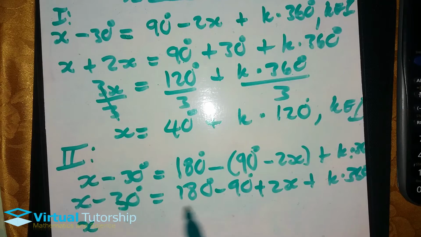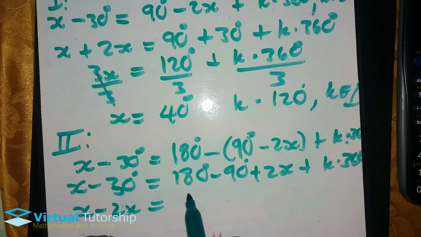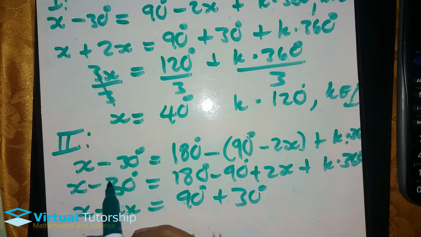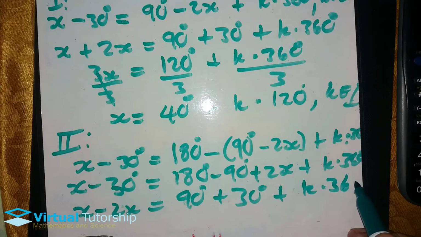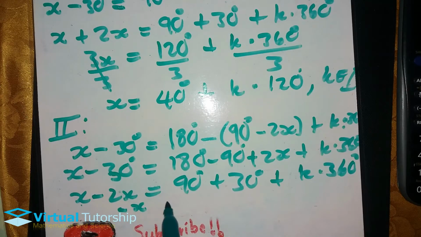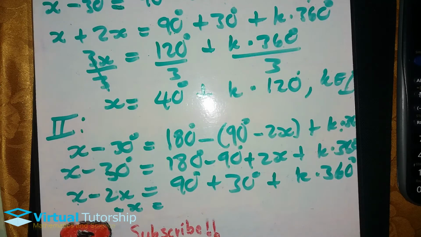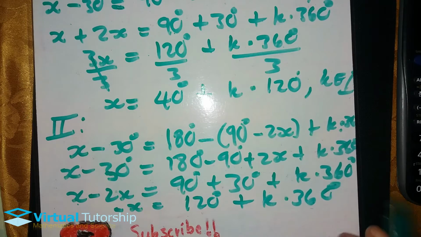So I'll have x minus 2x equal to 180 minus 90, it's 90 plus 30 degrees. Because this negative 30 when it comes across becomes positive, plus k times 360 degrees. Let's subtract this, I get minus x equal to 90 plus 30, I get 120 degrees plus k times 360 degrees.